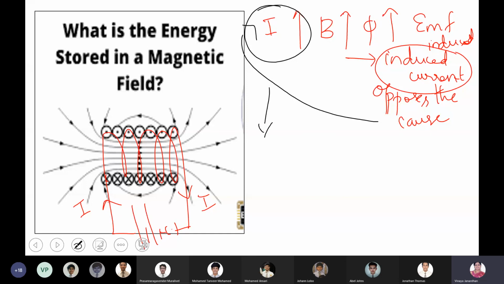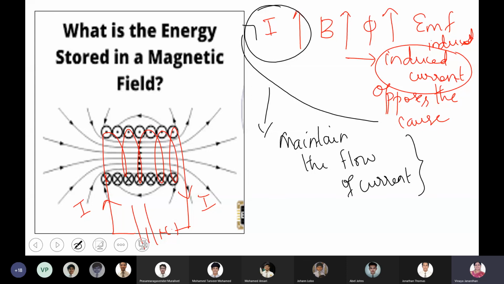So if you want to maintain the increase of current, then you have to do work against this induced current. You have to do work in order to make the current increase.